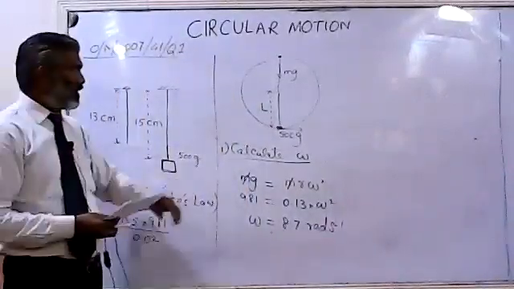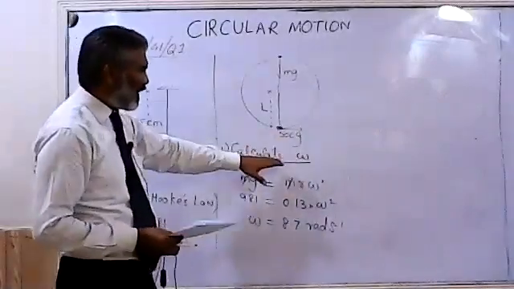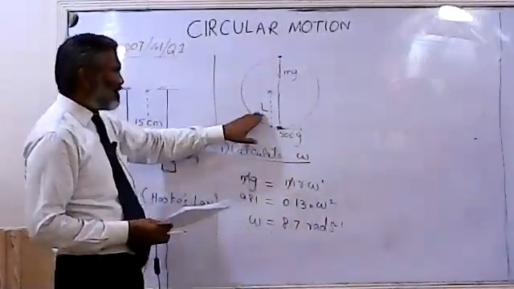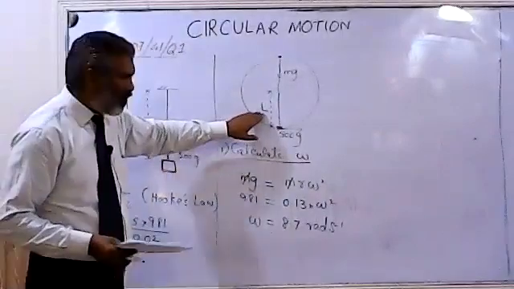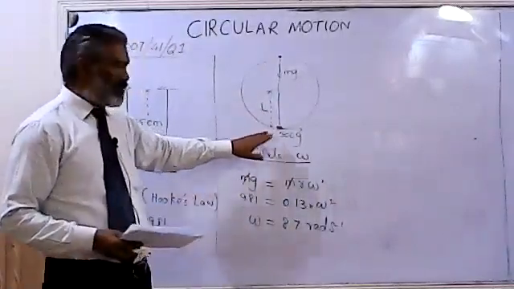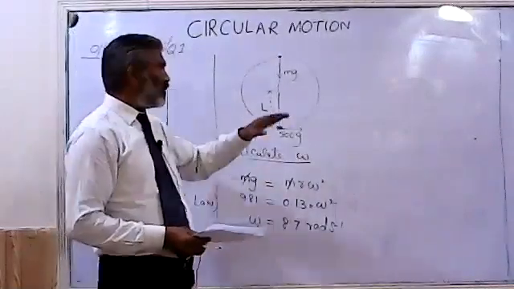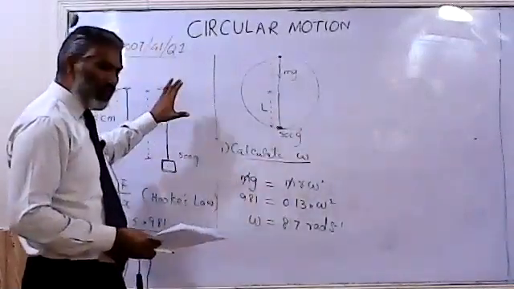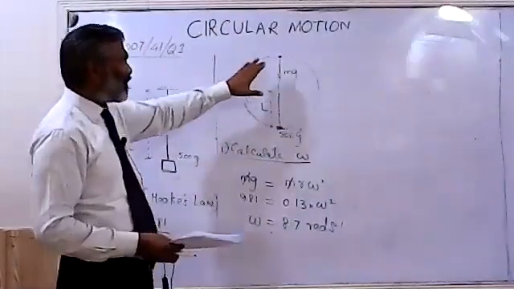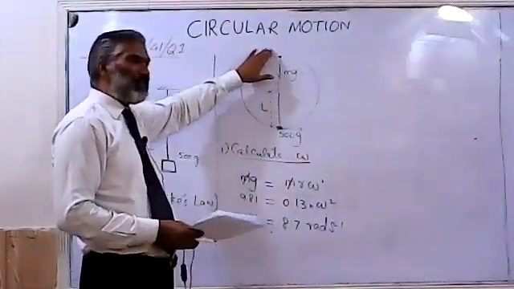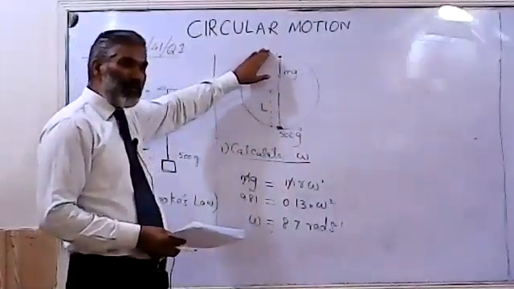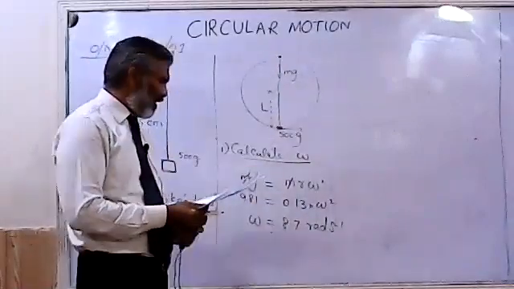We used this position to calculate omega because this value of L is unknown for this particular position. So it was easier and straightforward to apply the first equation that we started with for this position that we labeled as position B. This is the position at the top of the circle.